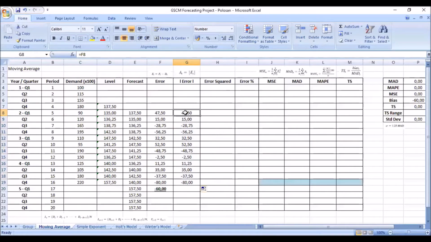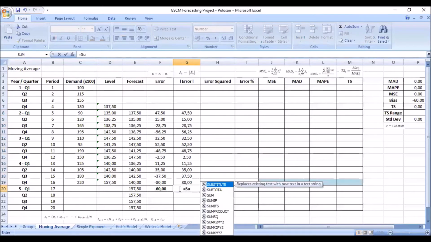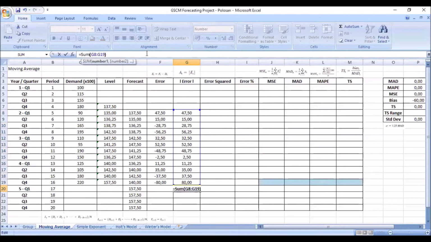And don't make the same mistake as me, whereas I forgot to put the ABS. Always put the ABS and then click the error cell and just drag it down as usual, like the error. And after we have found the absolute error, we just need to sum it up again, because this sum of absolute error can be used to find the MAD, which will be explained later on.